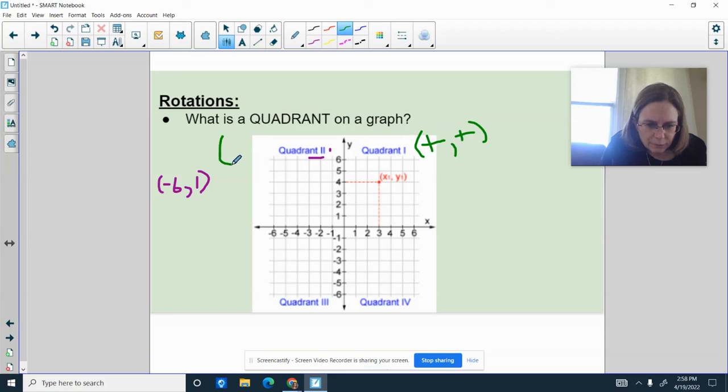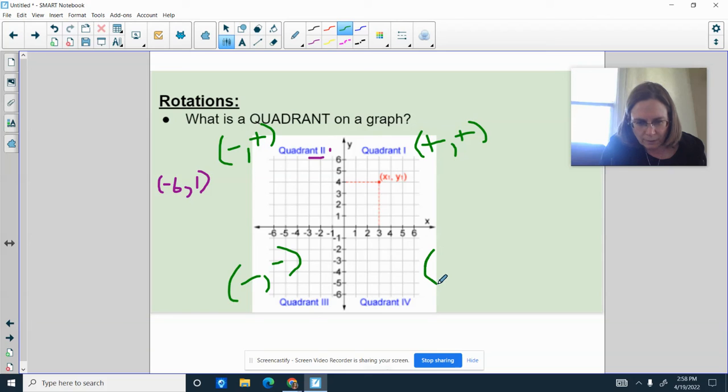Quadrant 2 is going to have negative X numbers, positive Y numbers. Quadrant 3 is going to have negative X numbers, negative Y numbers. And quadrant 4 is going to have positive X numbers, negative Y numbers.